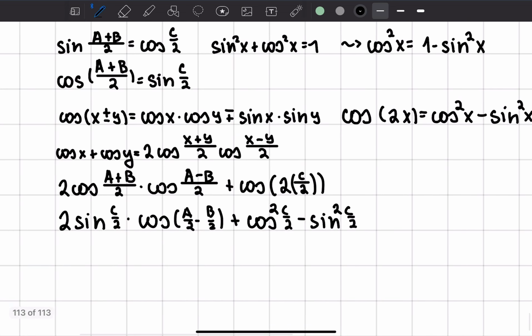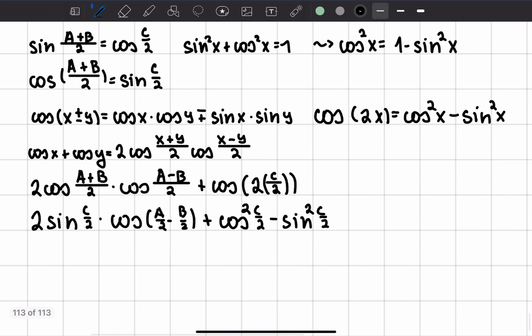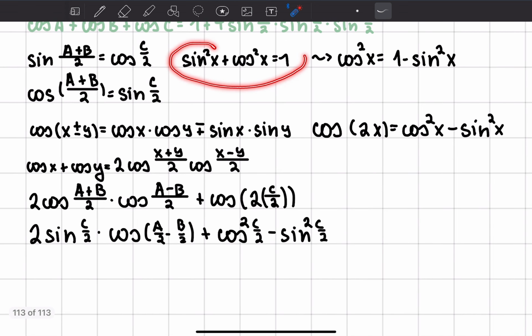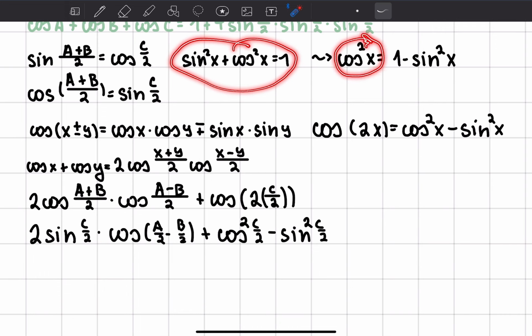And the thing we're going to do is strongly related to this formula here, right? And this here. So I already manipulated this formula so that you can see what cosine raised to the power of 2 of x actually is.